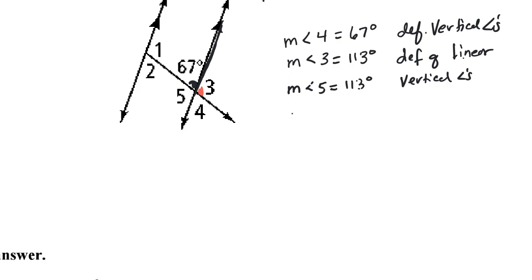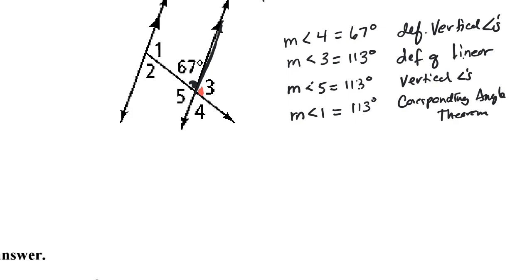The measurement of angle 1 will be 113. Why? You know that corresponding angles are congruent if two lines are parallel cut by a transversal. So this is the corresponding angle theorem.